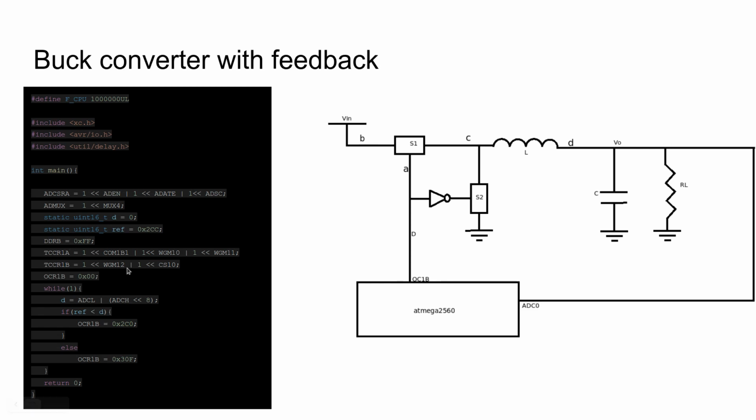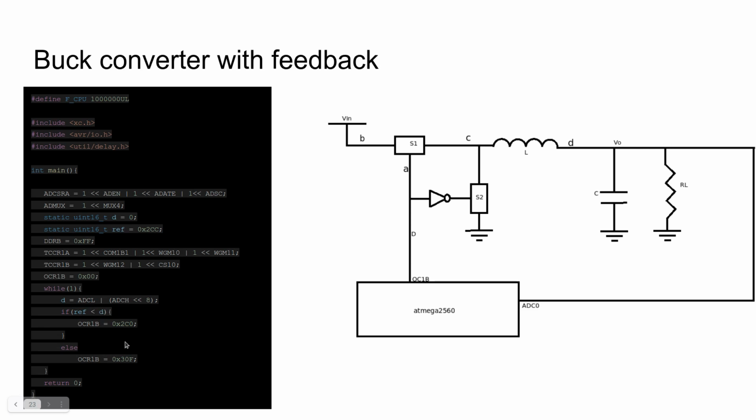We set up the ADC and everything, and here we see the input in the ADC registers. If the output is greater than my reference, that means I need to decrease the duty cycle.